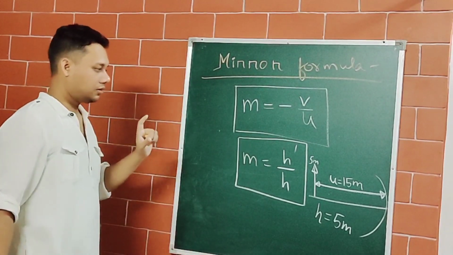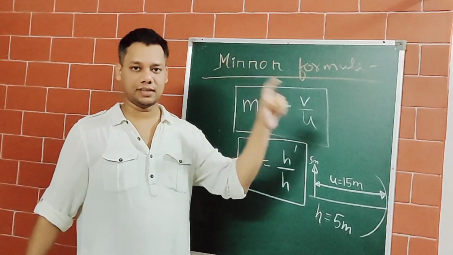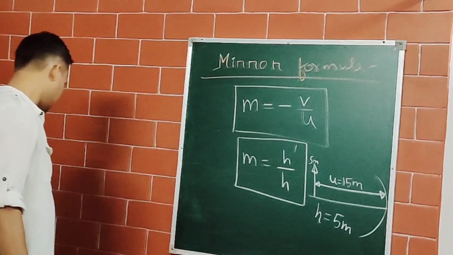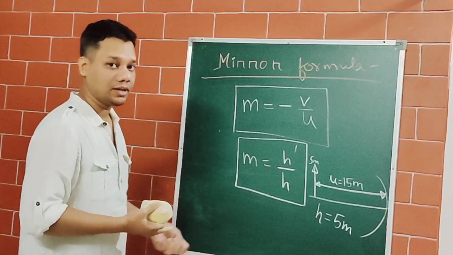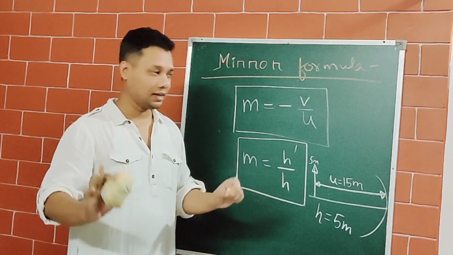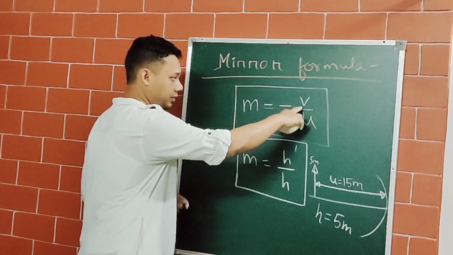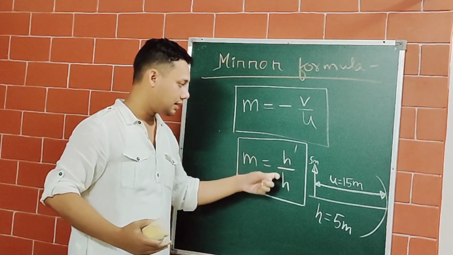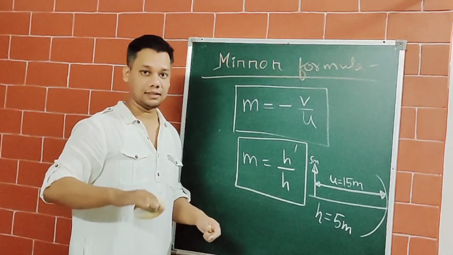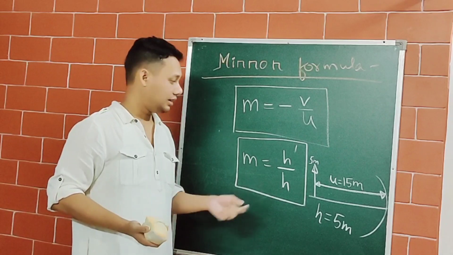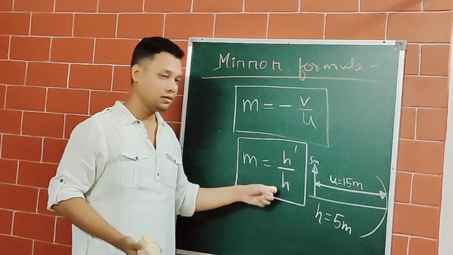So these things we have to use precisely in the numerical as given. When we do numerical, it will become more clear, but at this point also I am telling you very clearly that v and u is the distance from the mirror, and h dash and h are the size or the height of the image or object. H dash is the image and h is the object.